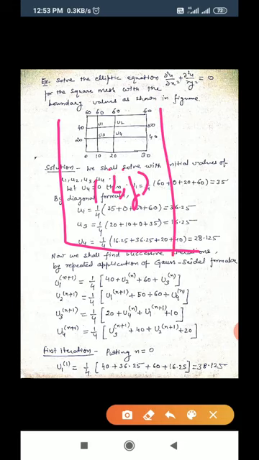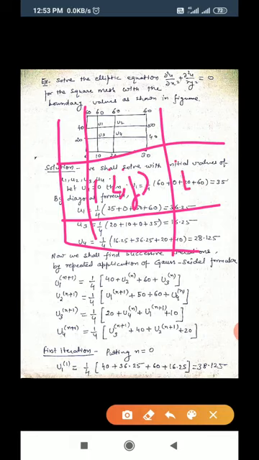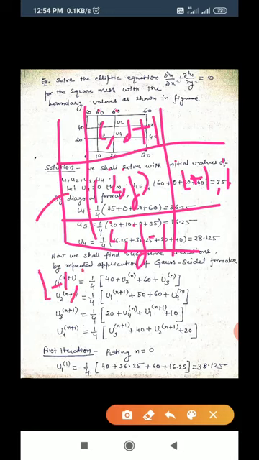In the next block we can represent here (i+1, j), in north direction (i, j+1), (i, j−1), and this is (i−1, j).